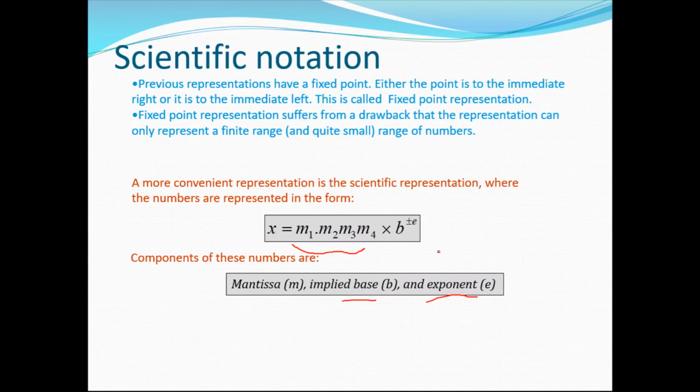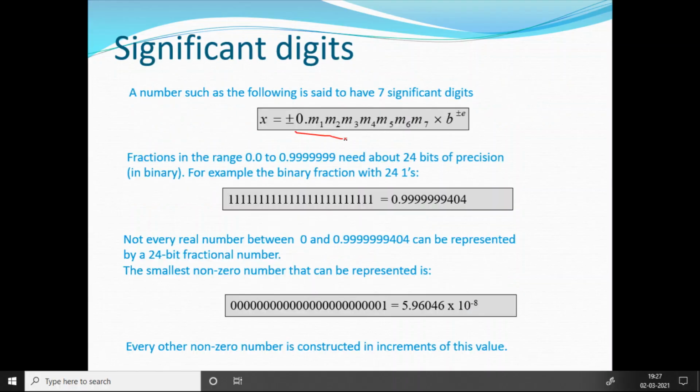If you see this number, it is said to have 7 significant digits. That is, after the decimal point, how many digits does it have? 1 2 3 4 5 6 7. So such a number is said to have 7 significant digits, into base to the power something.